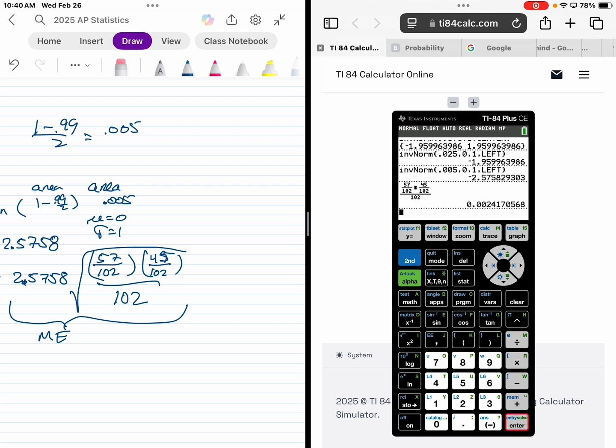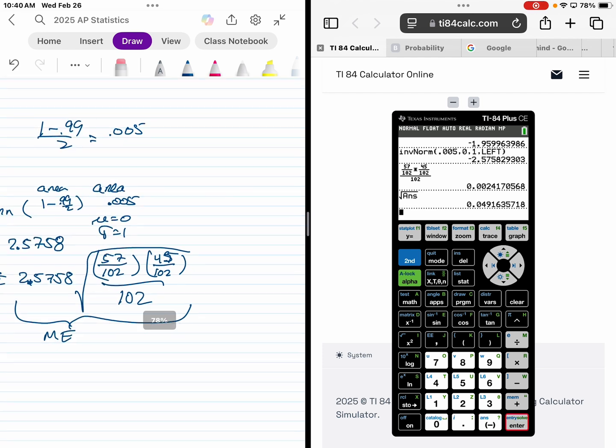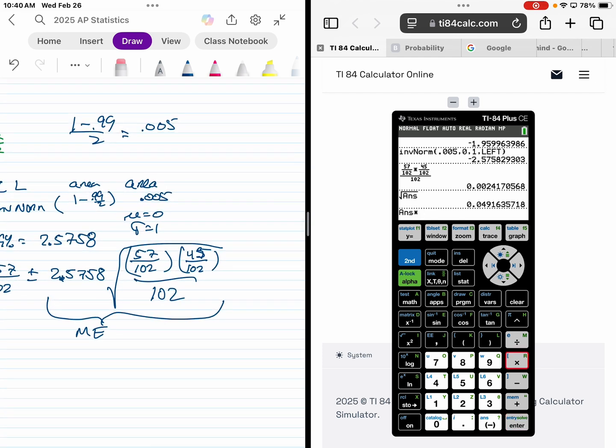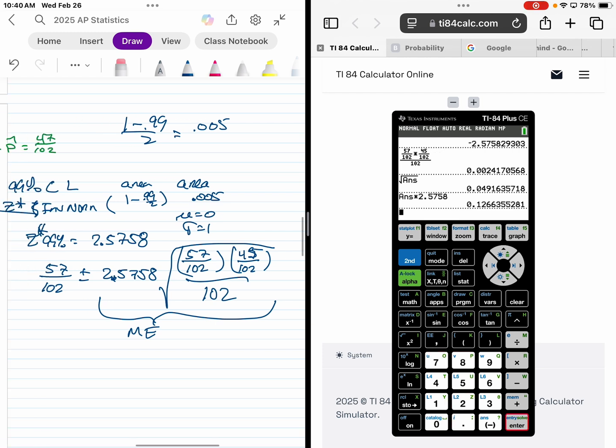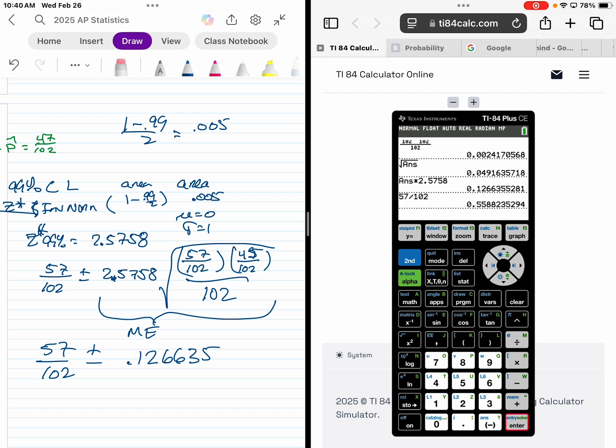I hit enter. I'm then going to square root that answer, and then I'm going to multiply it by 2.5758. And so my margin of error, so I have 57 over 102 plus or minus 0.126635.